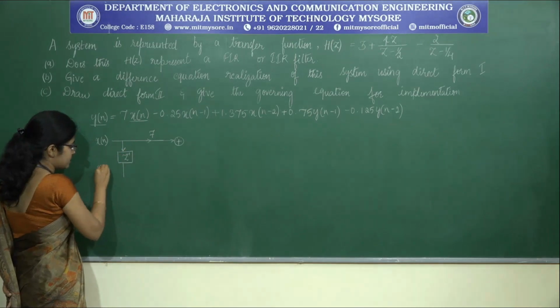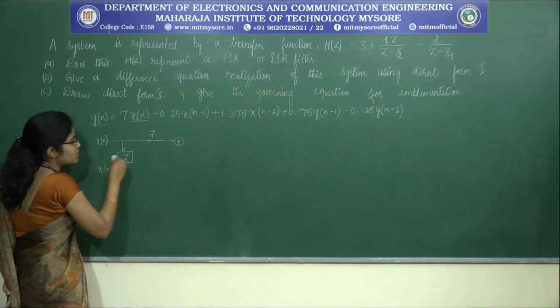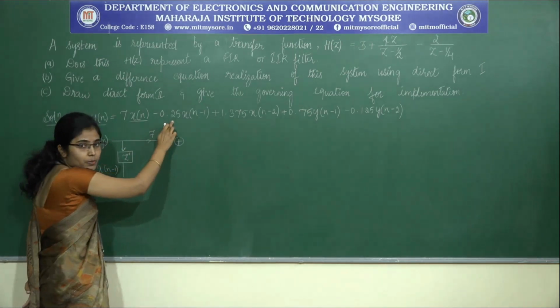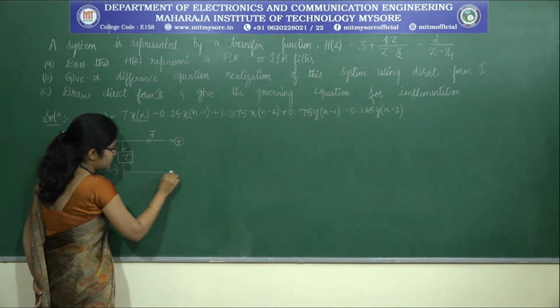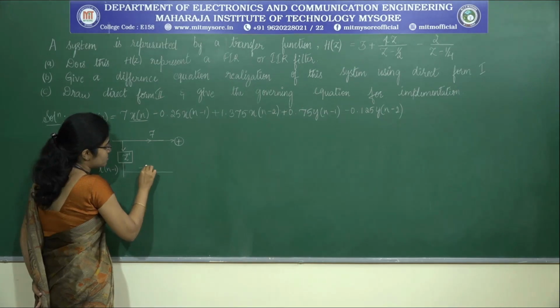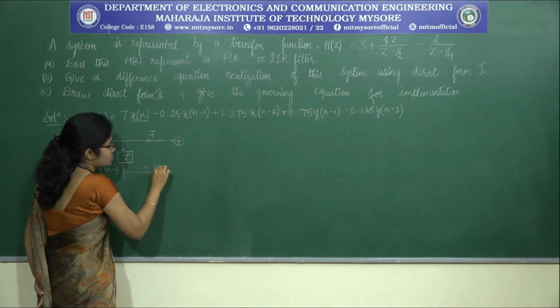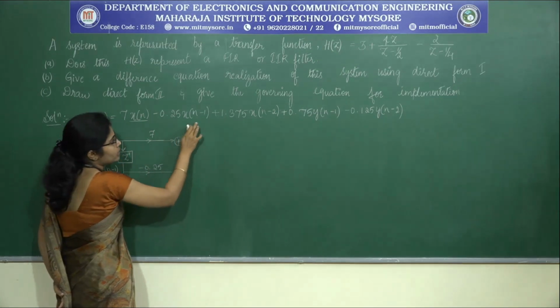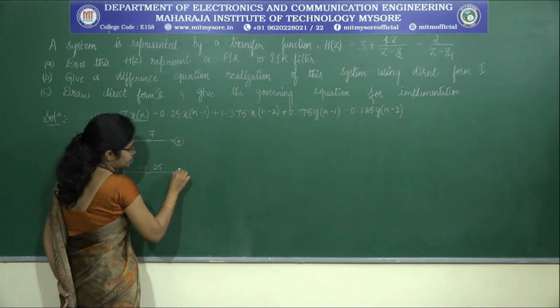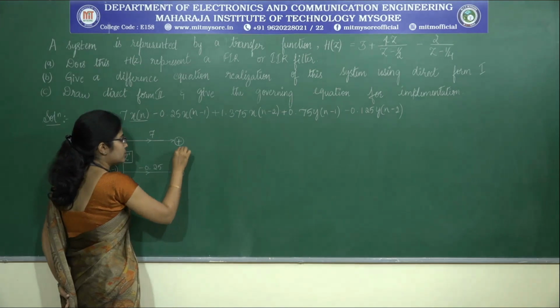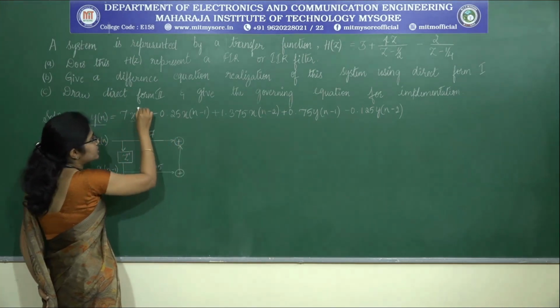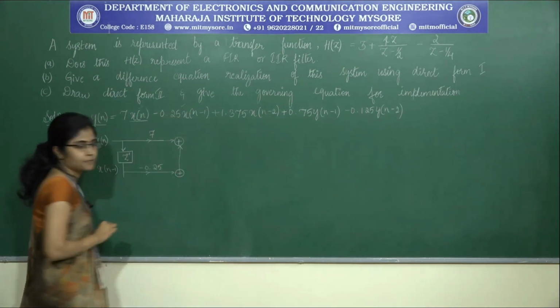This gives us x of n minus 1. x of n minus 1 should be multiplied with minus 0.25. Give it to an adder. Connect the output of this adder to the top adder. So, we completed the first term and the second term.